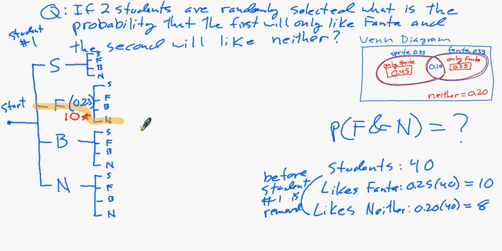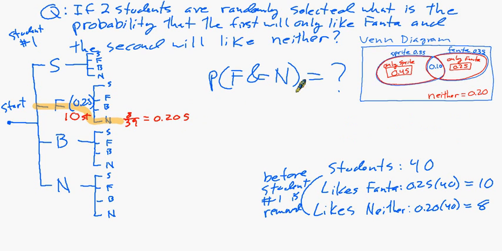So now here, we're going to have 8 students not out of 40, but 8 students out of 39, which are going to like neither, which gives us a probability of 0.205 of drawing a student that likes neither on the second student.